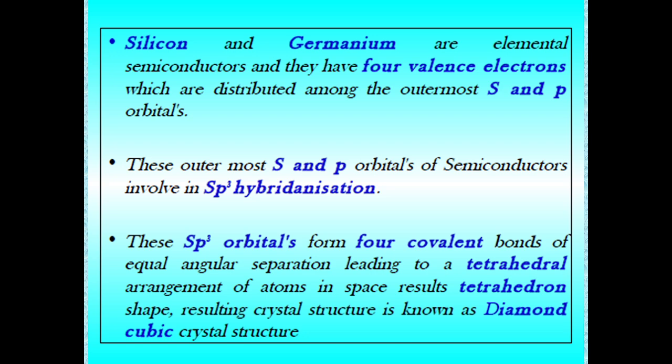So, silicon and germanium are the best examples of semiconductors. This is the deciding and most efficient property of semiconductors. These semiconductors influenced the electronic revolution in the 1950s.